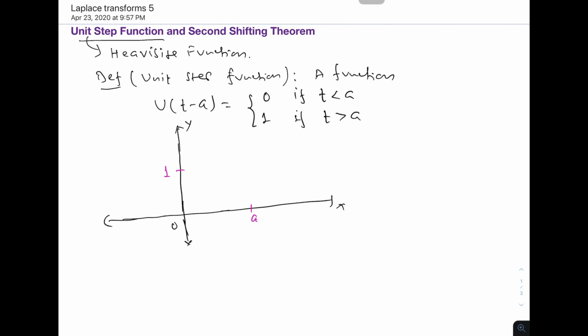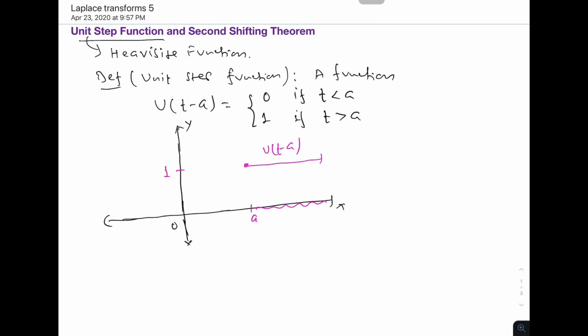On this side, where t is greater than a, the functional value is 1. So this is the value of u of t minus a when t is greater than a, and when t is less than a, then the value is 0.